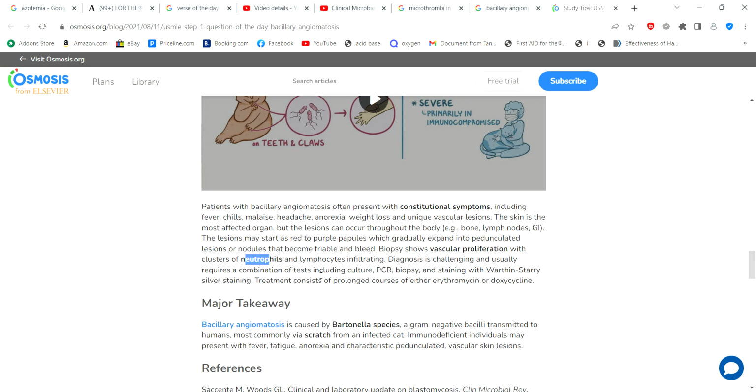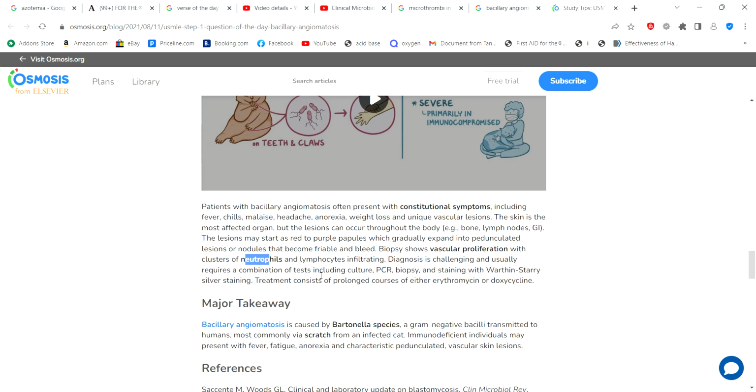So cat scratch disease, bacillary angiomatosis can bleed. I'm gonna make a note of this. Vascular proliferation with clusters of neutrophils and lymphocytes.